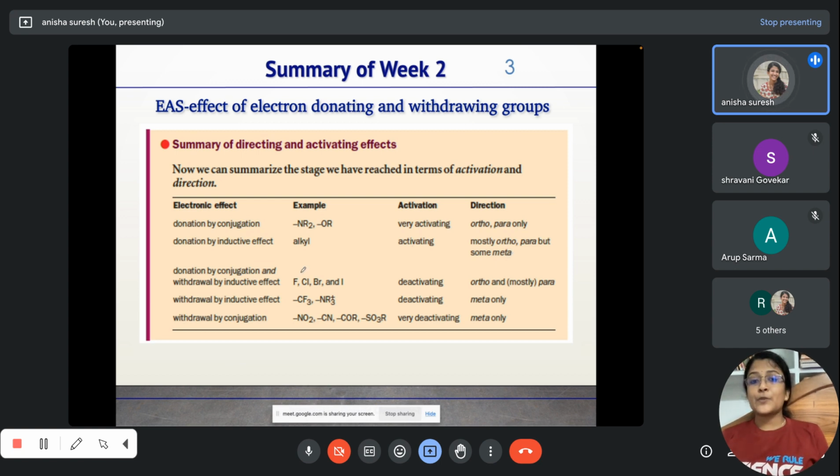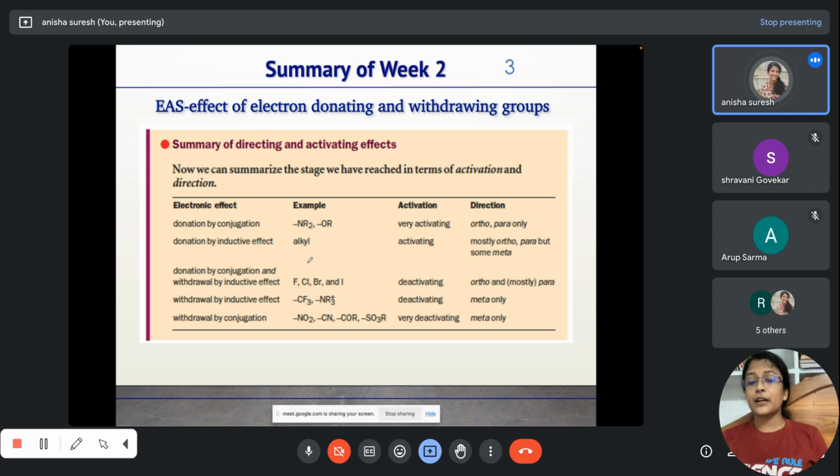In the case of halogens like fluorine, chlorine, bromine, and iodine, they can undergo donation by conjugation and withdrawal by inductive effect. They can undergo conjugation because of the lone pairs that are present on these halogens. Because of the electronegative nature of these atoms, they undergo withdrawal by inductive effect.